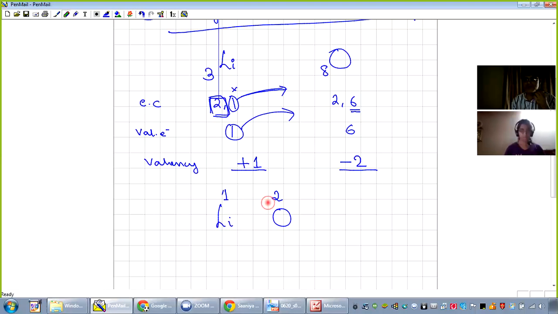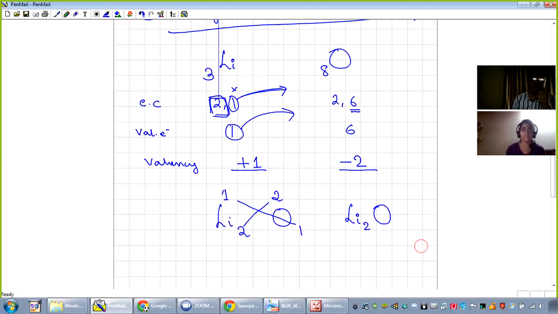And then what am I supposed to do? I'll bring this 2 over here. I'll bring this 1 over here. The formula of lithium oxide is going to become Li2O. It means there will be 2 different lithium atoms. They are going to give one electron each to a single oxygen atom.